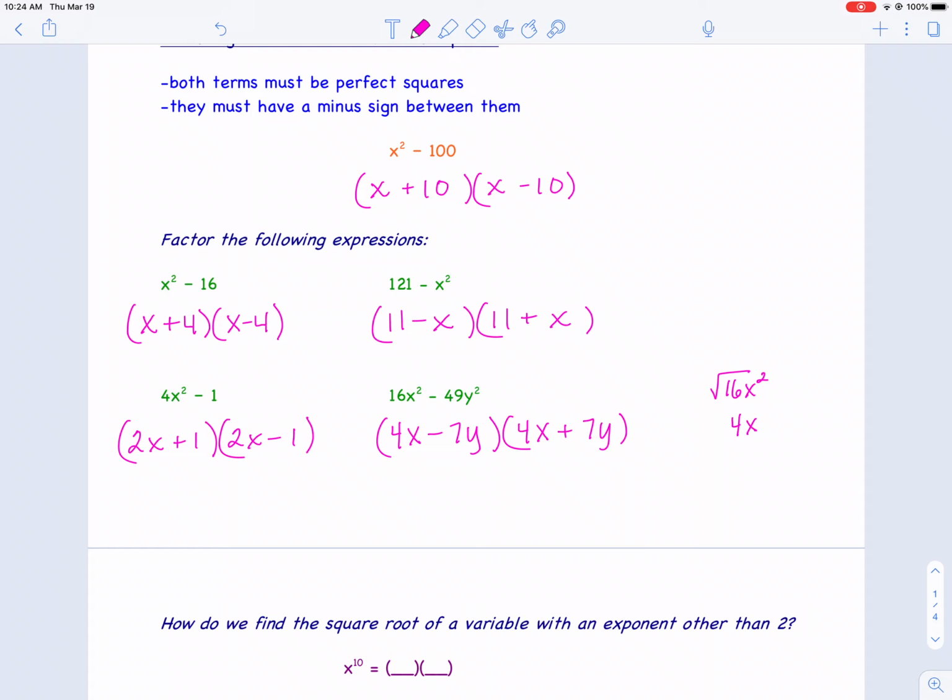Notice something very important about the difference of two squares. It's the exact same factor. Each of these have the exact same factor, just with different signs. Okay, exact same factor, different signs.